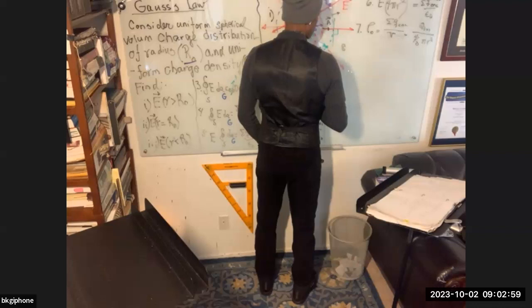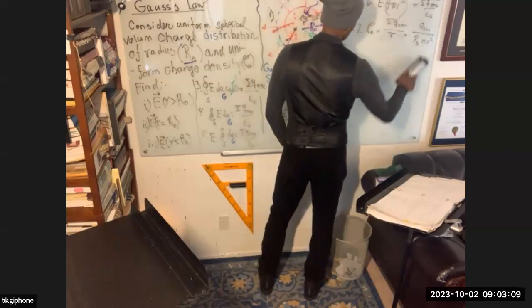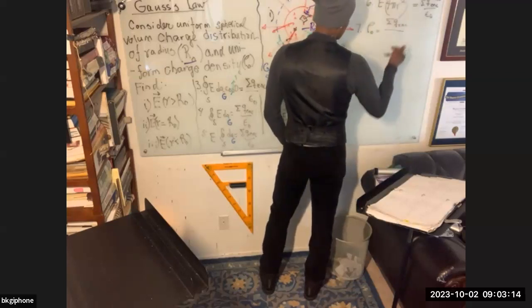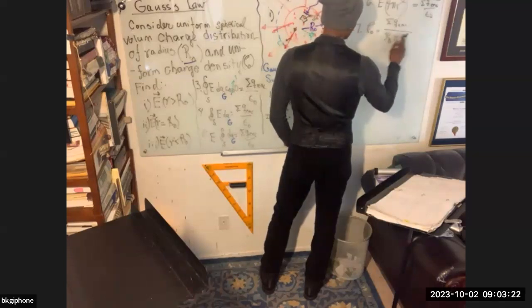I don't know why I'm getting so hung up on symbols here. I guess because in the end I want to write it as total charge. I want to stick with the symbol, so I'm going to go back to what I said originally, just to keep the symbol so you don't get mixed up. 4/3 pi r naught cubed.